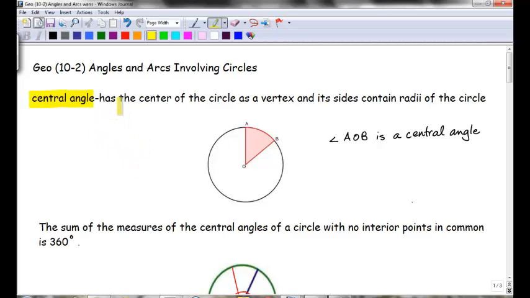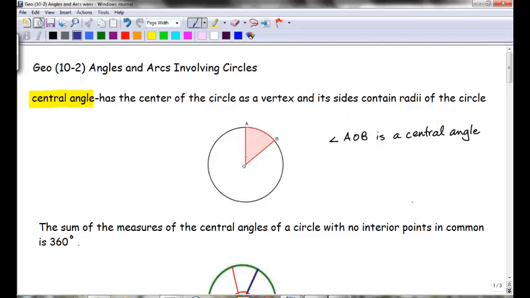A central angle has the center of the circle as a vertex, so it's got to go from the center of the circle, and its two sides are radii. Remember, radius is singular, radii is plural.